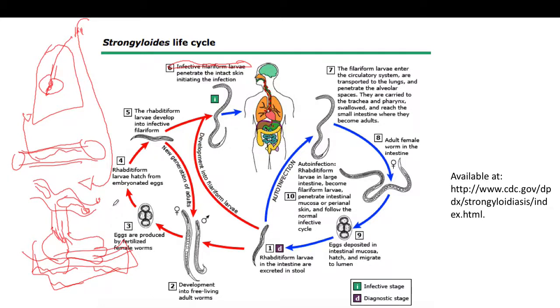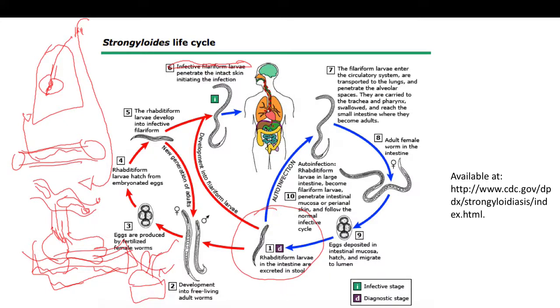These eggs develop into a rhabditiform larva, which is seen here, and this larva is going to be excreted through the feces, and they are all ready to infect another host.